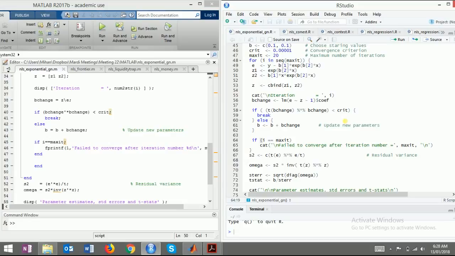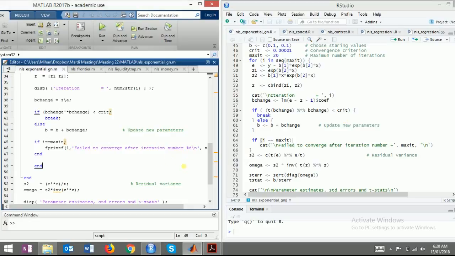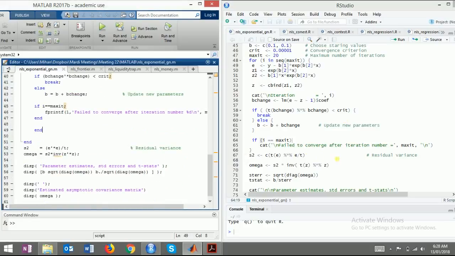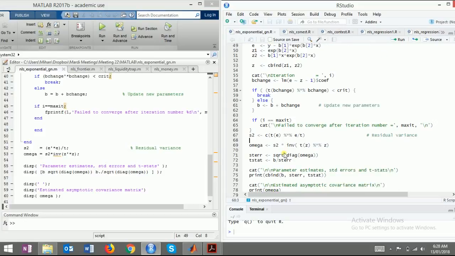Okay, there you go. And then we have sigma square equals u square by t, which is u square v divided by t. We already know that.